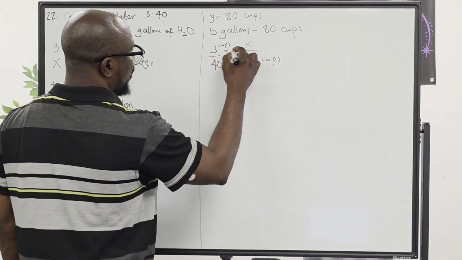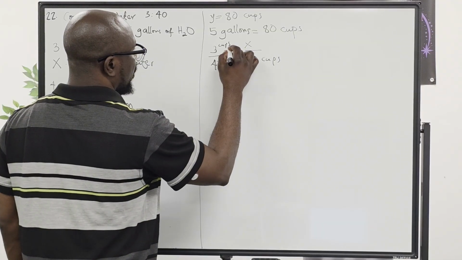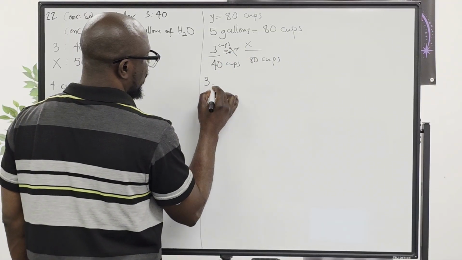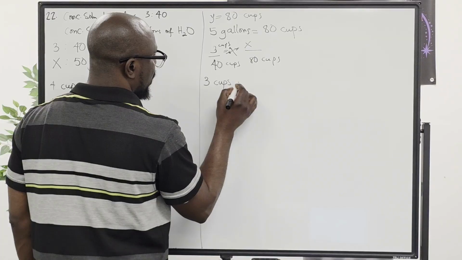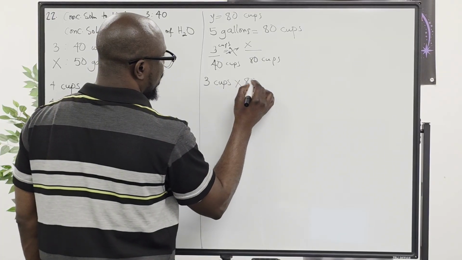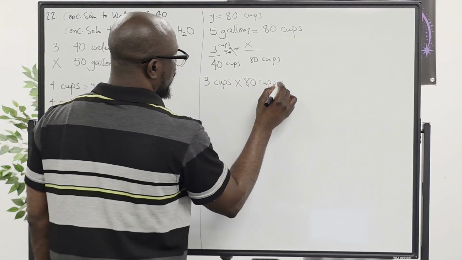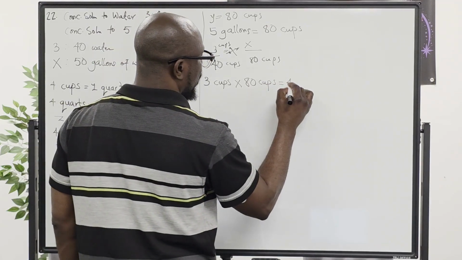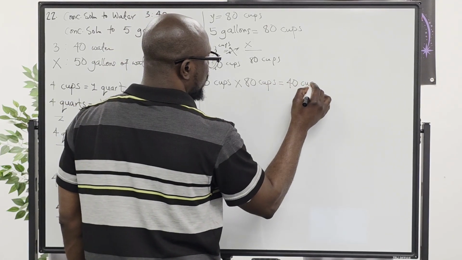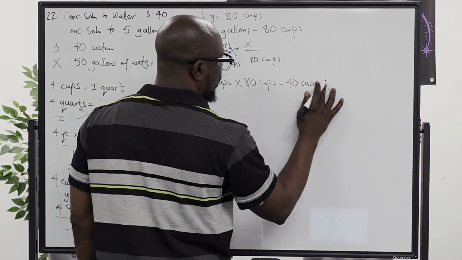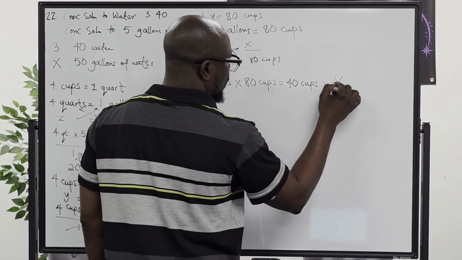So now we can do our cross multiplication again, and that will give us 3 cups times 80 cups is equal to 40 cups times X, right?